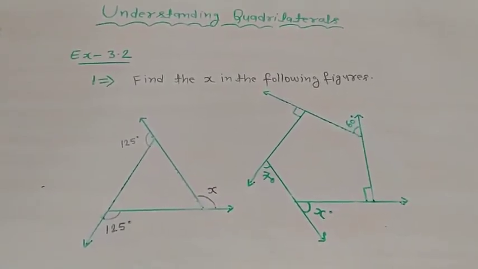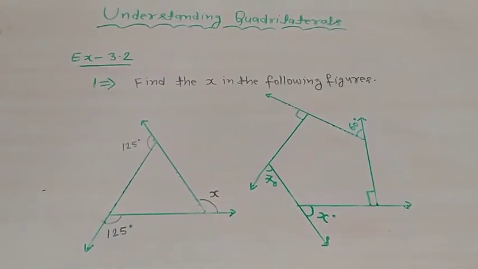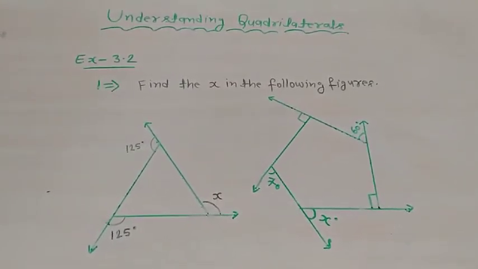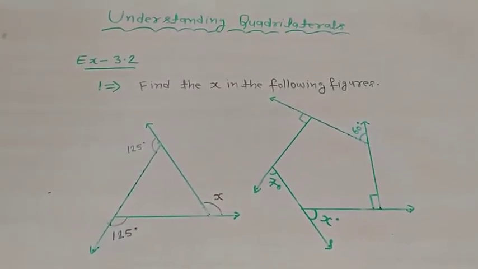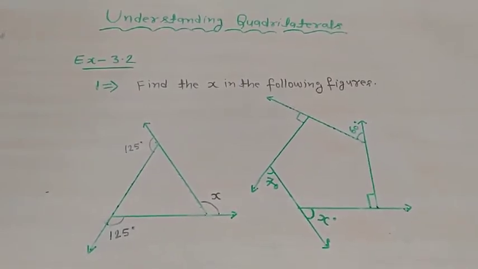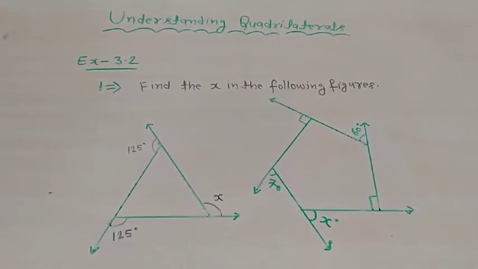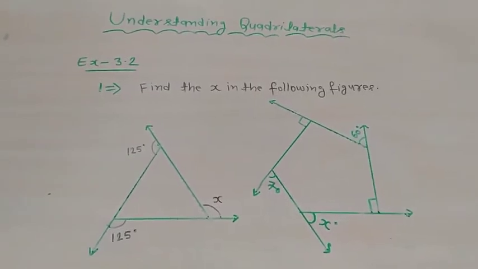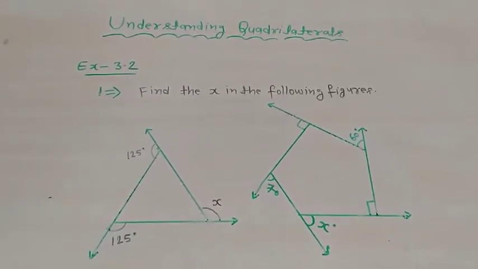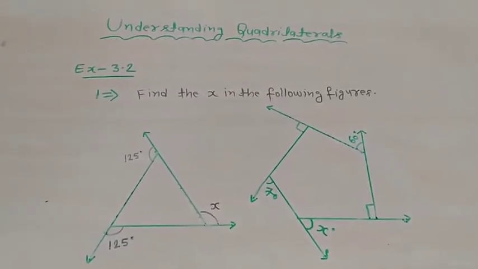So you will use here the formula: the sum of the measures of the exterior angles of a triangle is 360 degrees, and find the value of x, clear. Let's see how to find it.